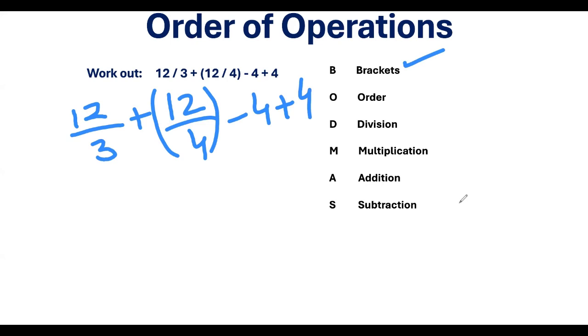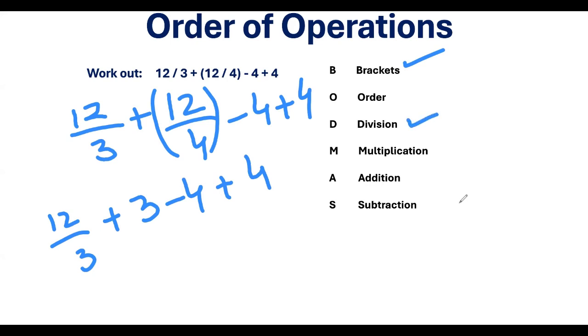Brackets to be done first. 12 divided by 3 plus 12 divided by 4 is 3. Right? Then you have to do divide. 12 divided by 3 is 4. 4 plus 3 minus 4 plus 4.